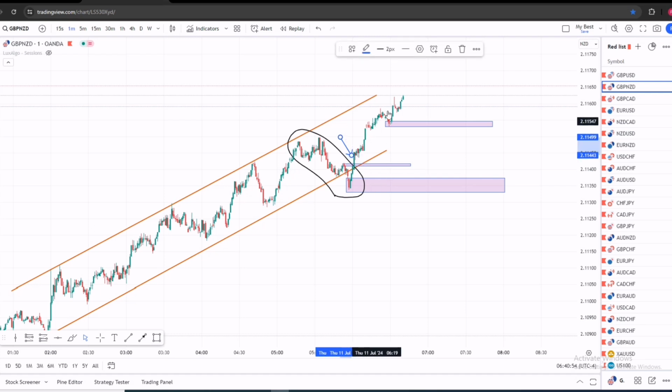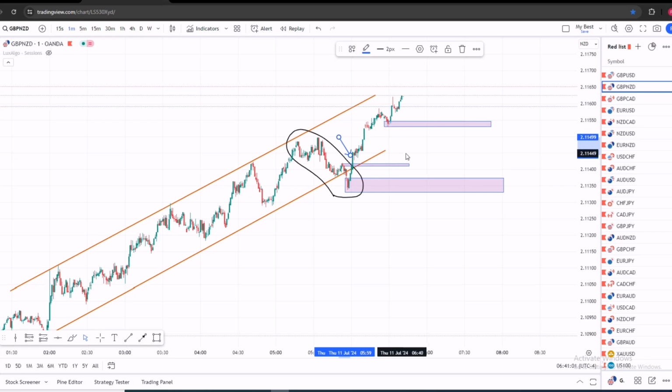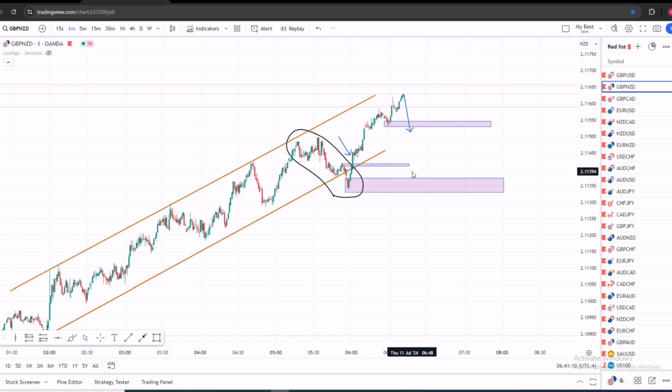And then you would still be holding. You hold until the last turning point is broken. So right now I am waiting for this to be broken, and then I will know that it is a scalp sell.